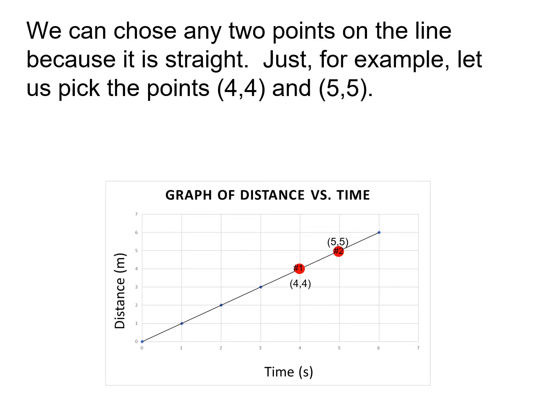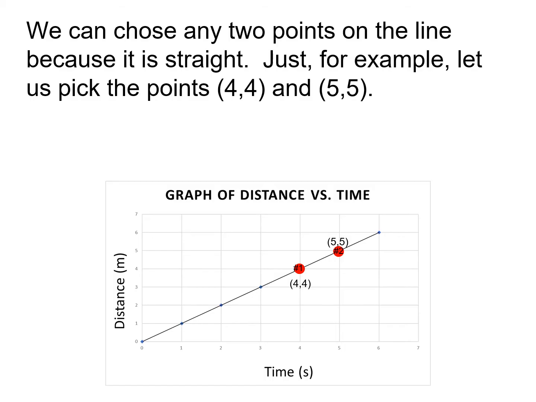To find the slope, we could pick any 2 points that we like. So I drew 2 red dots on the graph. Let's call the lower point number 1 and this upper point number 2. You see the ordered pairs for each of these points, (4, 4) and (5, 5).